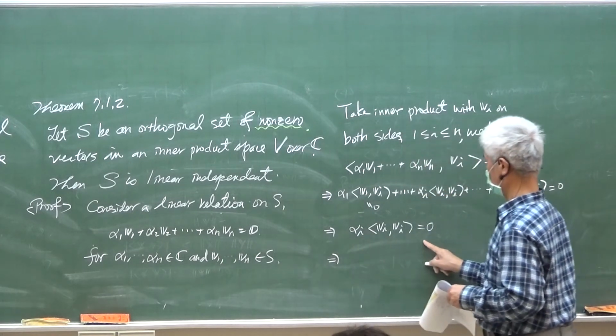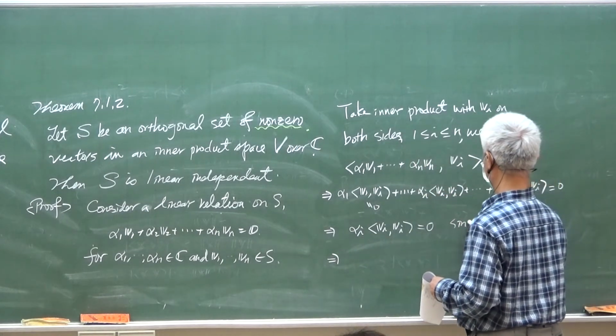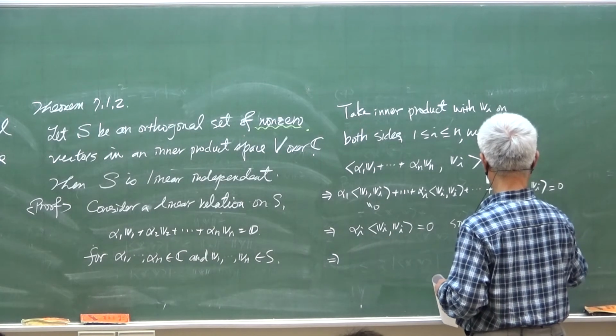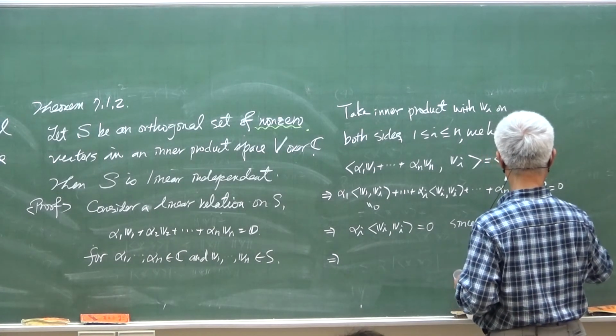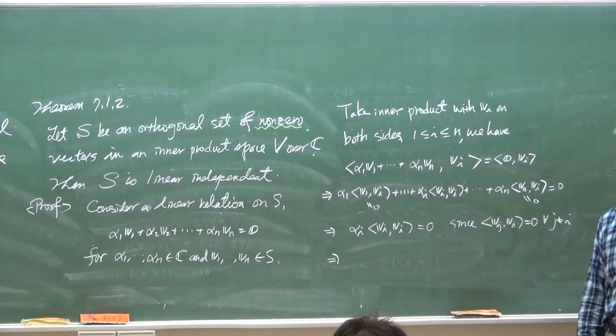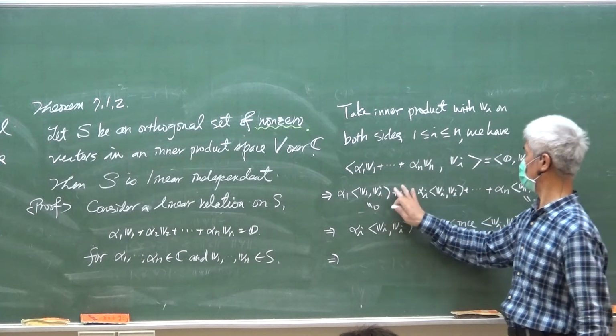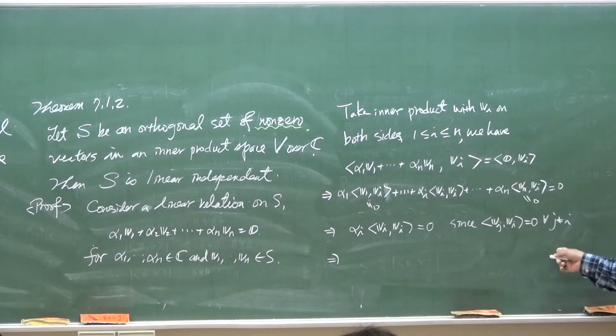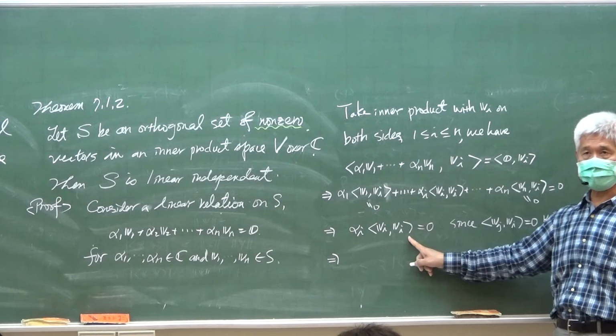But <vj, vi> is 0 for all j not equal to i because they are orthogonal. So all the other inner products are 0, and there is only one term left.